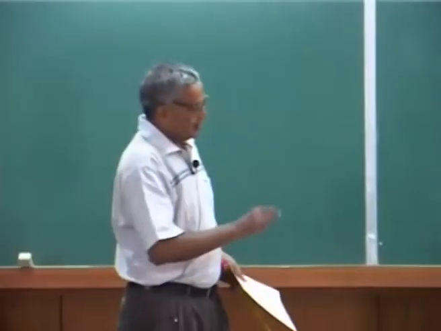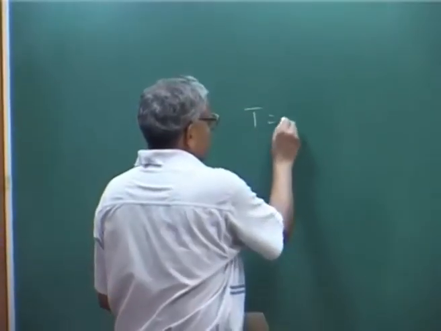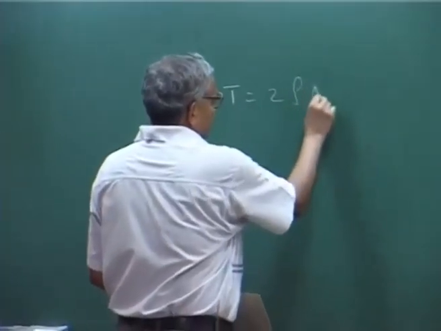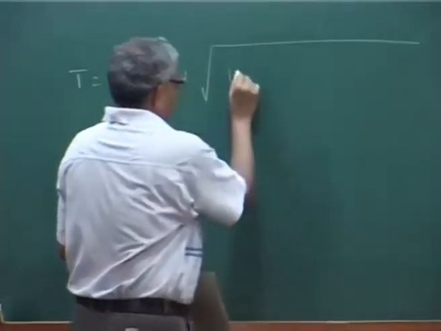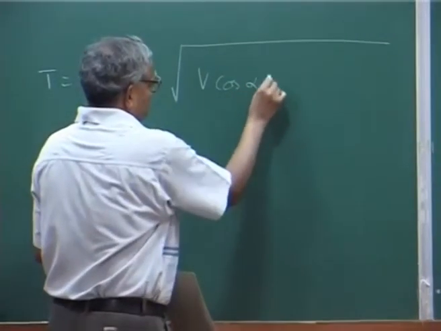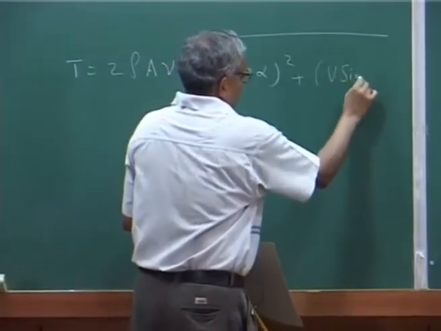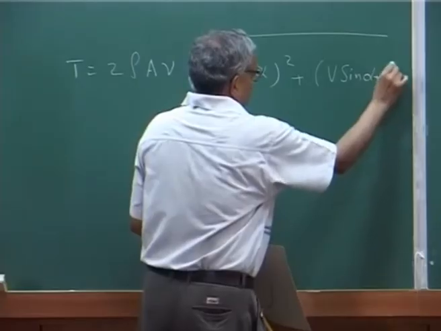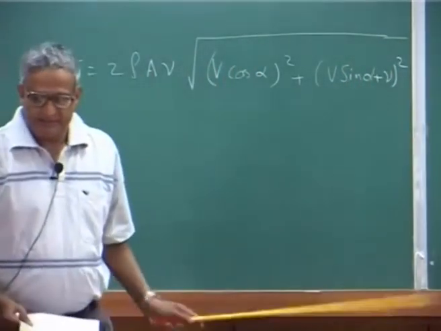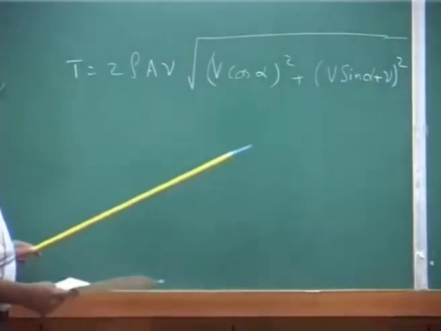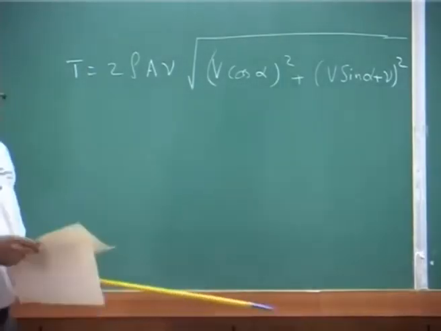Now, usually the expression, that is the thrust, which is written as rho a nu, V cos alpha square plus ... identical to your, similar to momentum theory.